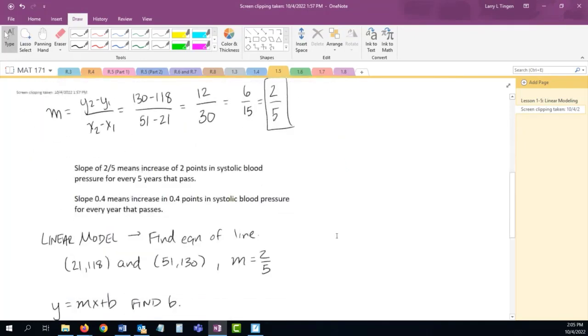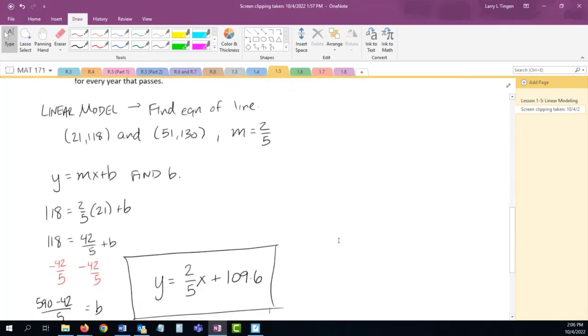So since we're going to be rounding anyway, we might as well let it be that decimal. And it turns out 590 minus 42 over 5 is the actual decimal answer. That is 0.6 and it stops. So 109.6 and 548 over 5 are the exact same number. All right. So there's my linear model using the 2 points they gave me.